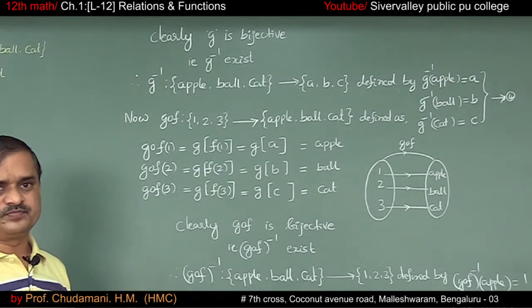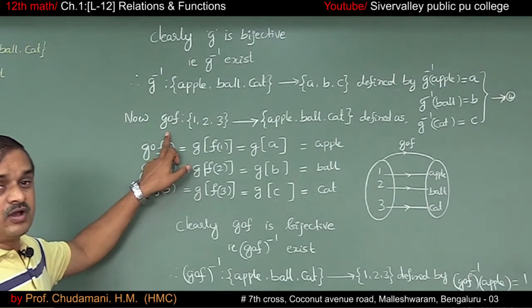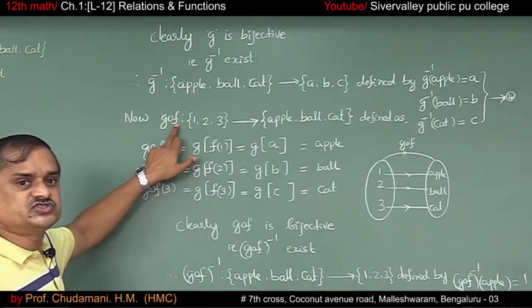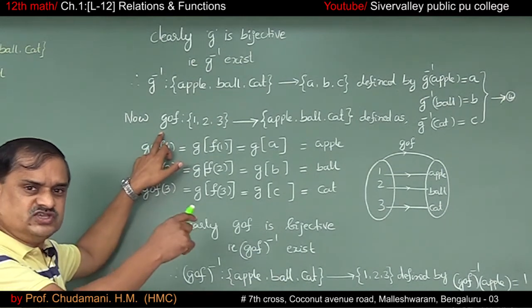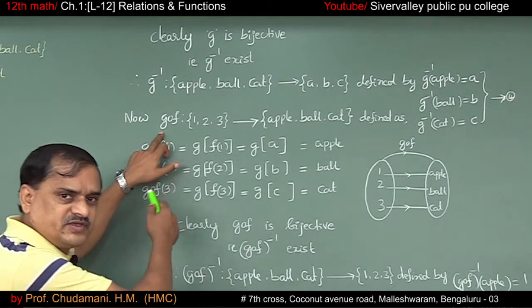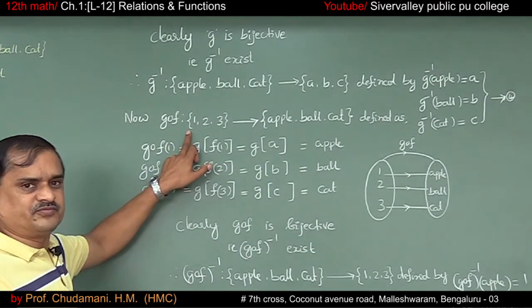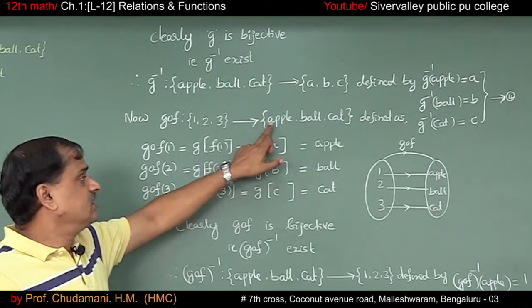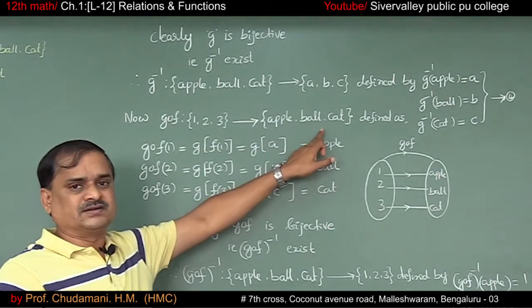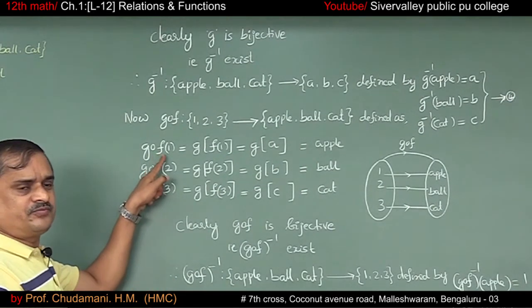Say equation 4. Now let us find GOF. GOF, that is composition of F and G, F from A to B, G from B to C, means GOF is from A to C. That's why GOF from the set {1, 2, 3} to the set {apple, ball, cat}, defined as GOF of 1.